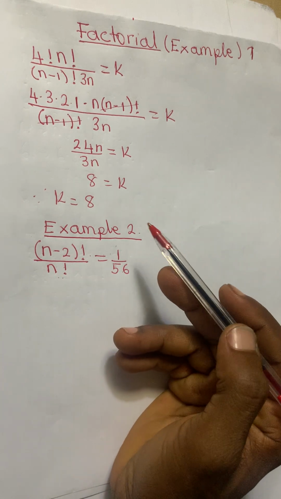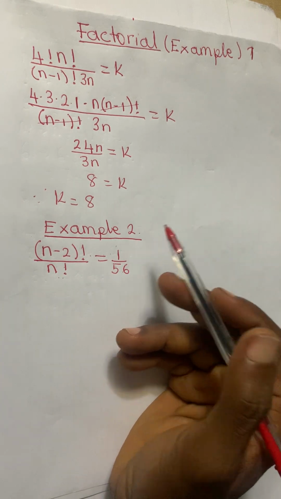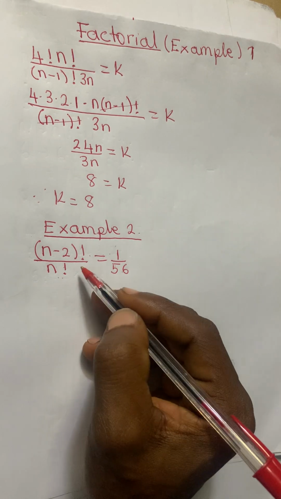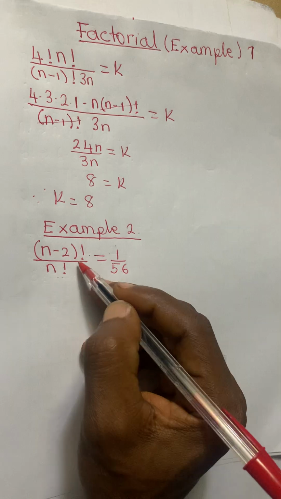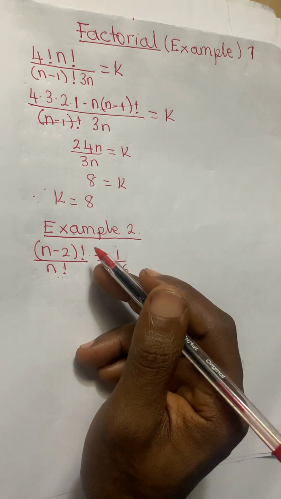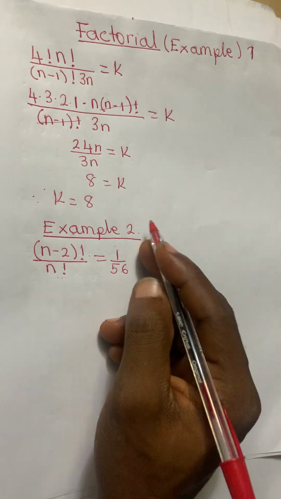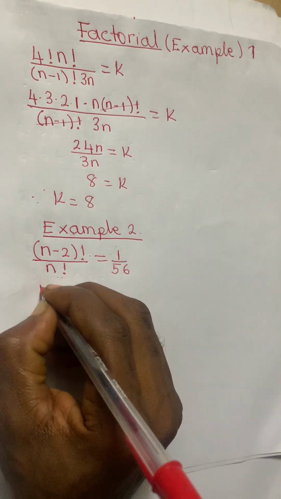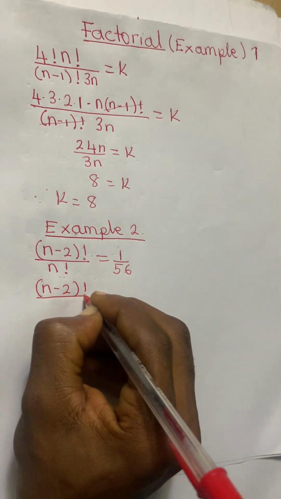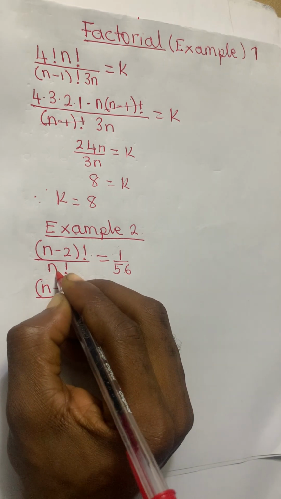And basically, when it comes to factorial, it is advisable to break down the larger number. Because as you break down the larger number, you get to a point where the other smaller number will be found there. Then we can cancel out. So here, we are going to maintain (n minus 2) factorial, but we are going to break this one down.